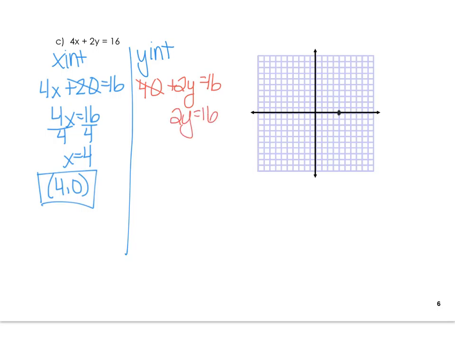So we're left with 2y equals 16 and dividing it by 2. So we find out that y is equal to 8. So my ordered pair is 0, 8.